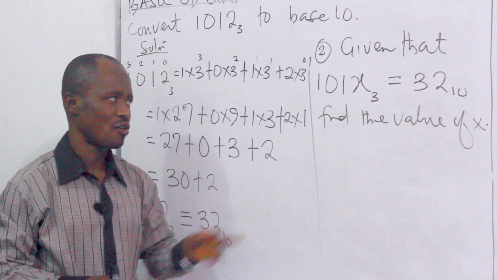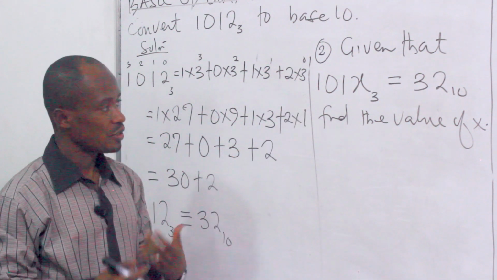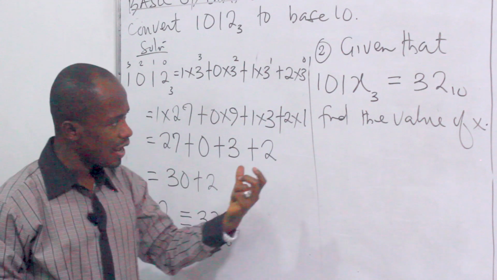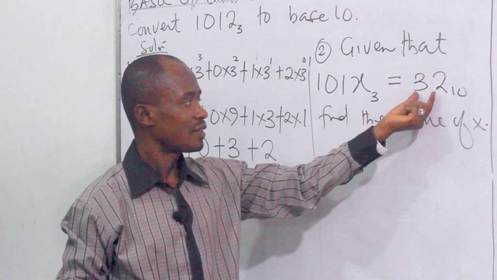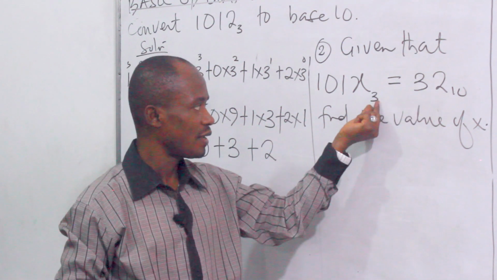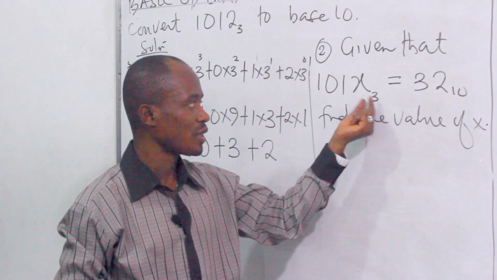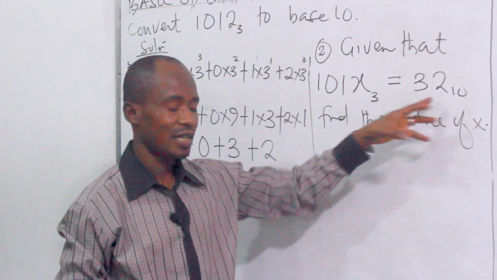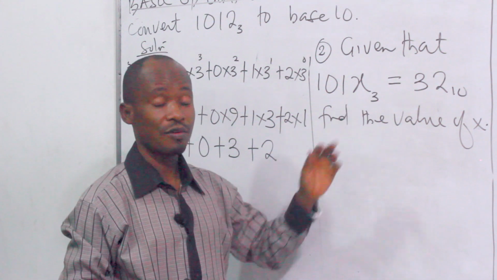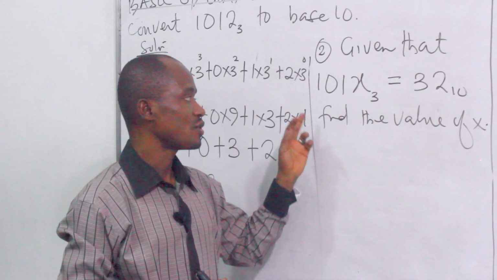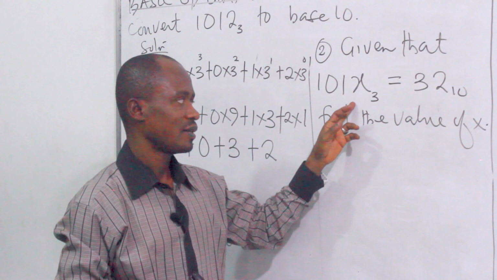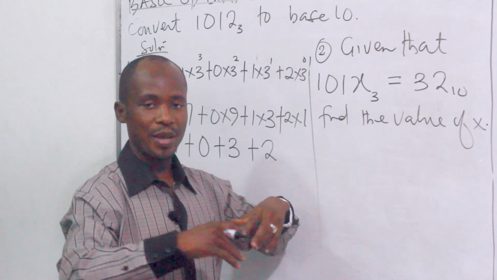X must be a positive value because all these are digits. So the best thing you do is you either convert 32 to base 3, after which you determine the last digit after the conversion. The last digit stands for the possible value of x. Or you use the long multiplication method and equate the bases.